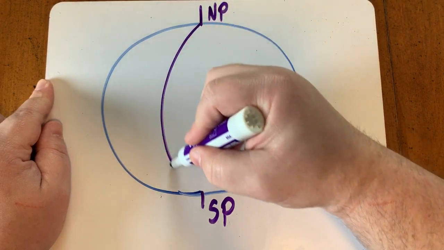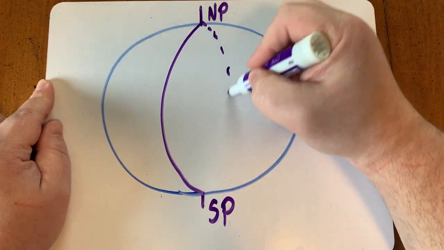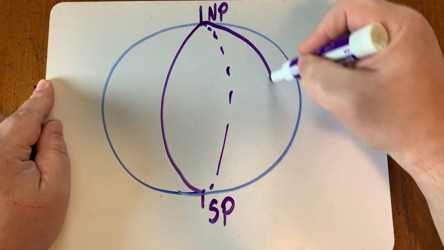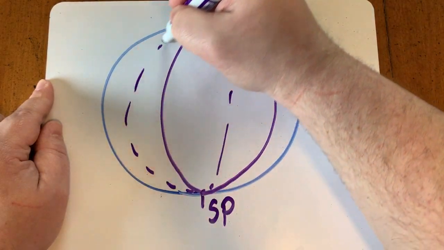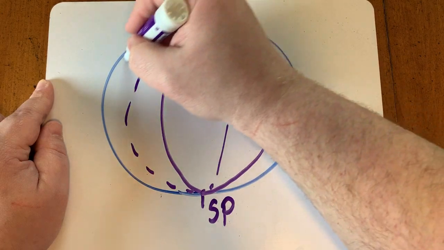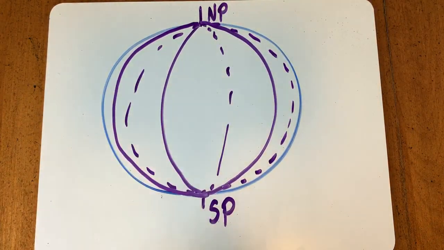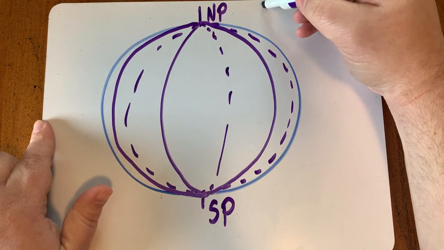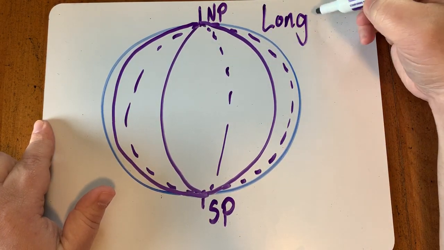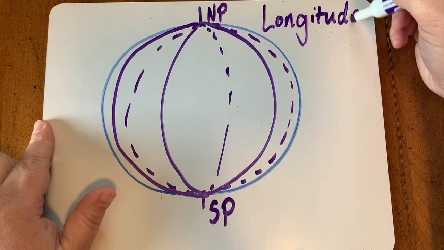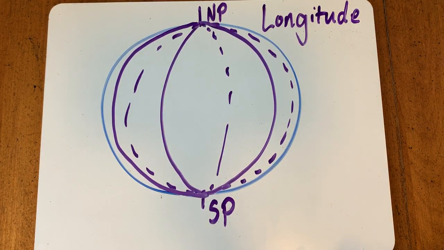These are called our longitude lines. So these are longitude. Our longitude lines measure east and west on our sphere.